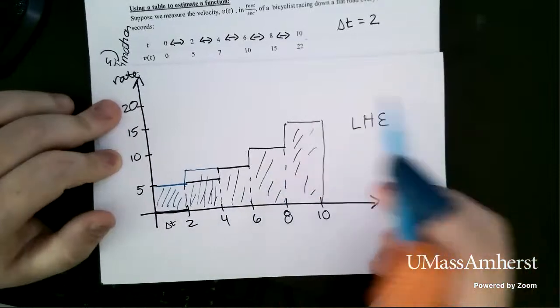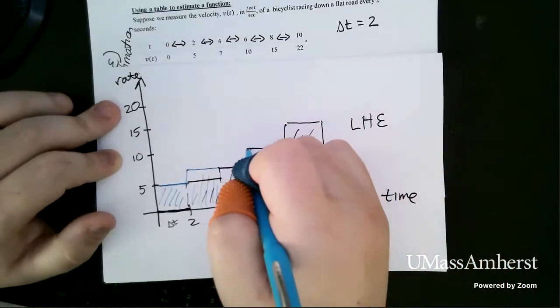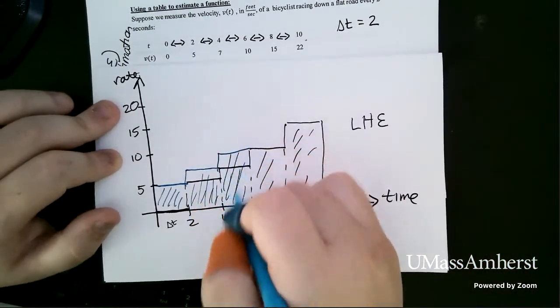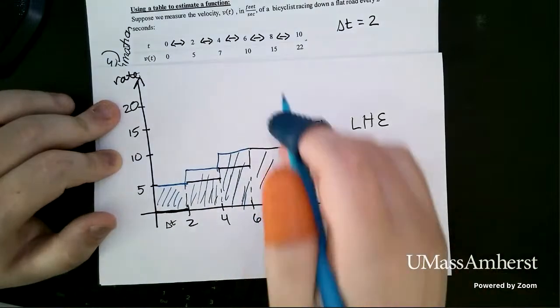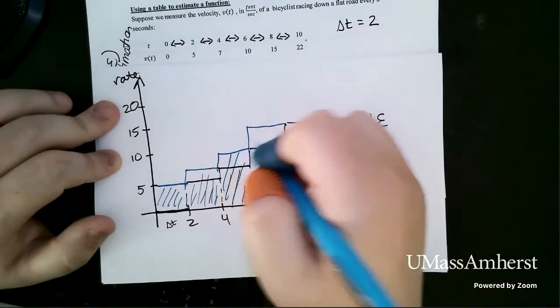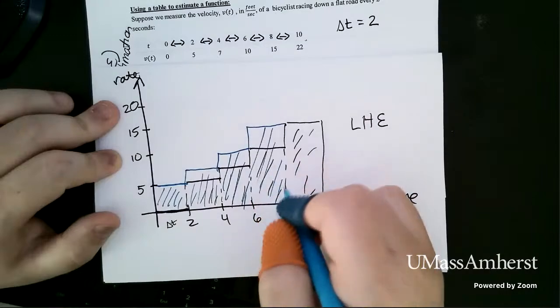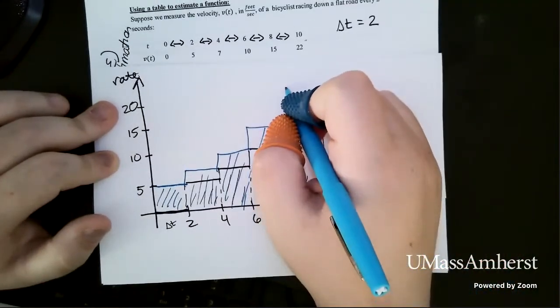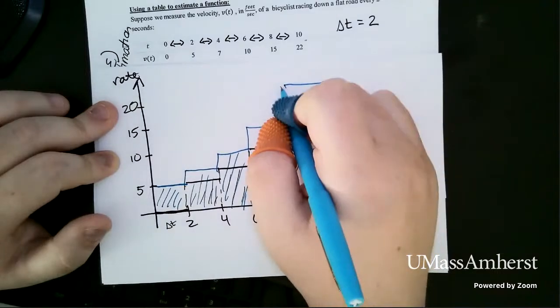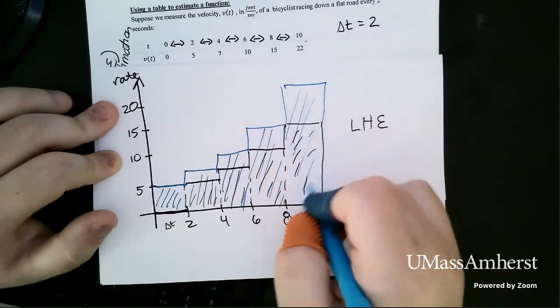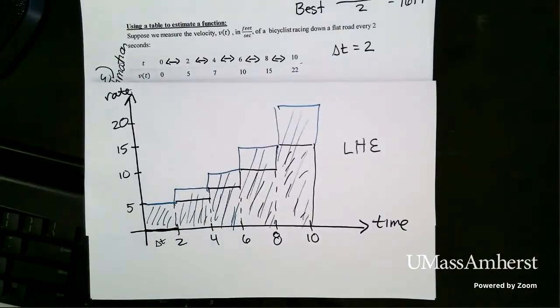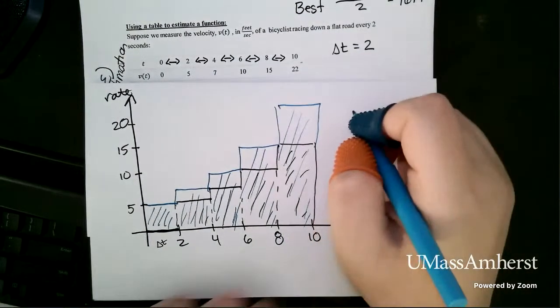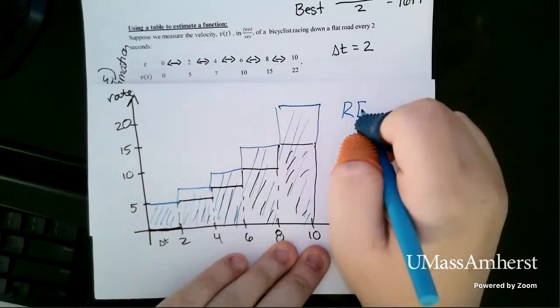From time 4 to time 6, we assume the rate on the right, which is 10. From time 6 to time 8, we assume the rate on the right, which is 15. And then from time 8 to time 10, we assume the rate on the right, which is 22. It's going to be way up here. Okay, so we can see that the approximation from the right-hand estimate was bigger.